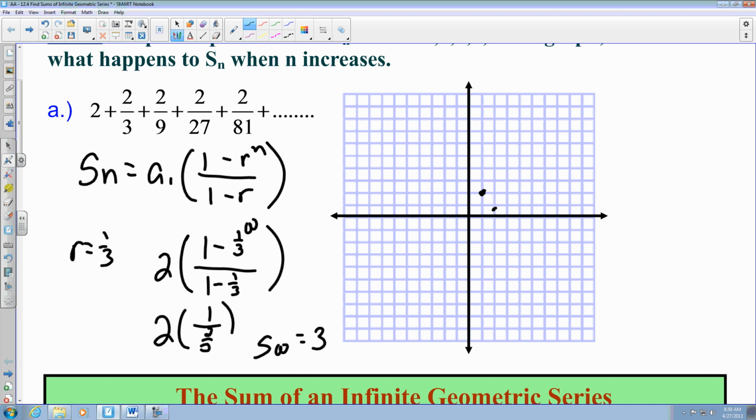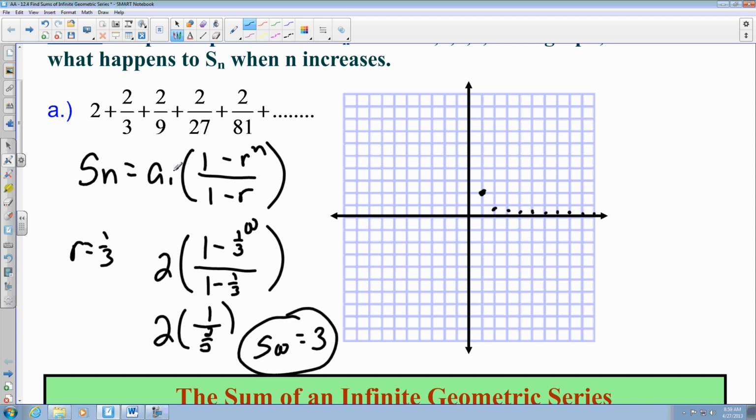If n is 3, it's going to be 2/9, 2/27, and so on and so forth. It's getting really, really close to 0, and it's going to keep going like that on to infinity. So when you add those together, most of the time you're going to get values really close to 0. So as n approaches infinity, the sum for this case is going to be 3.